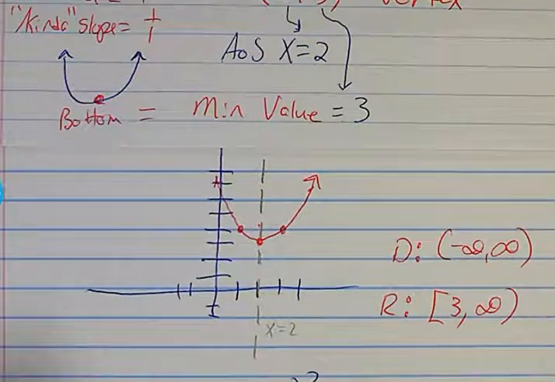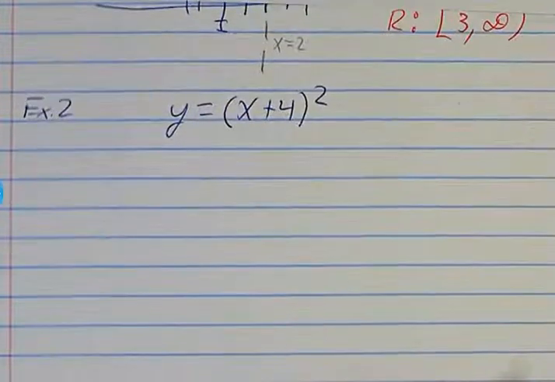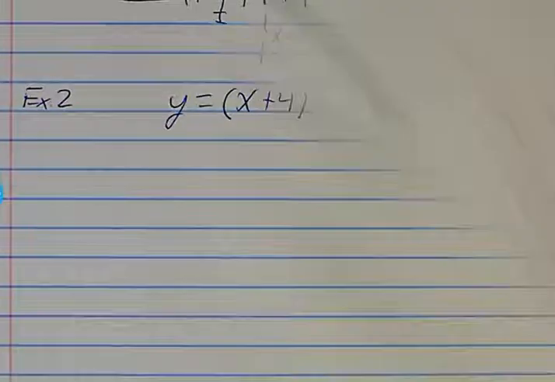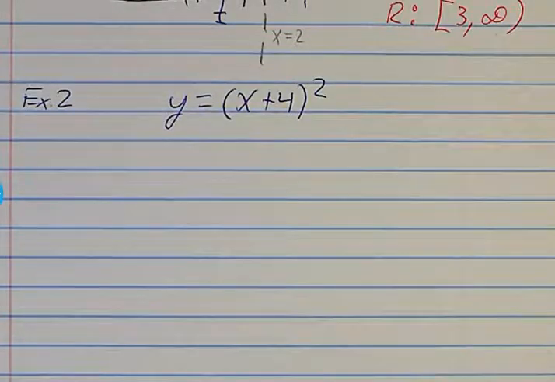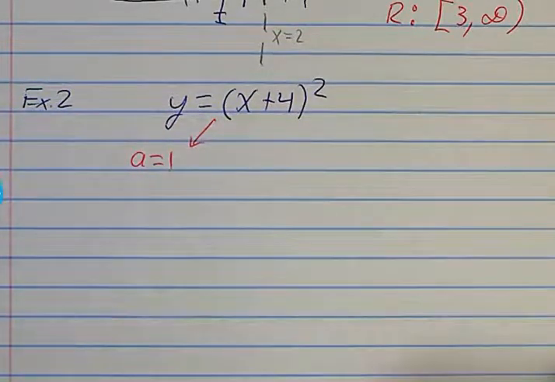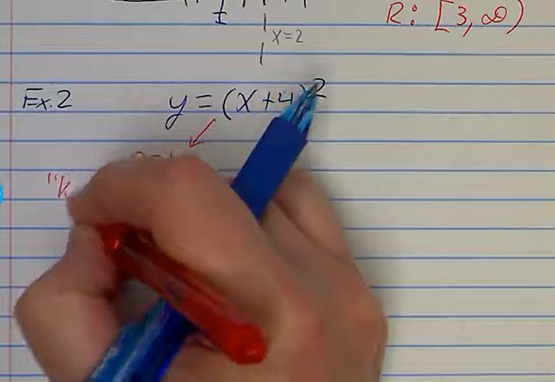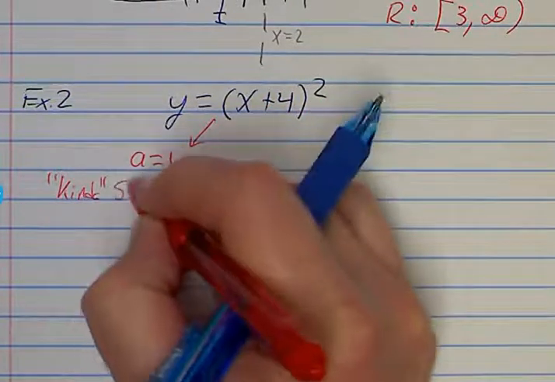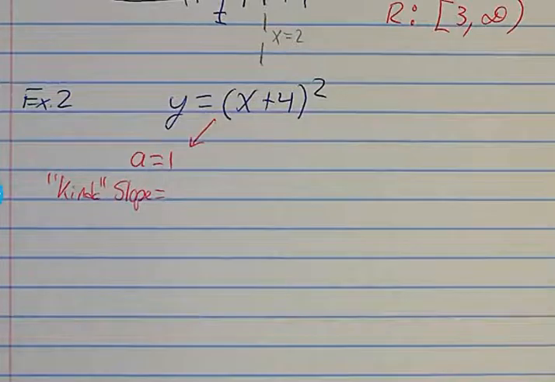Alright, so this one. New equation here. Let's go with (x + 4) squared. Okay, again, get the little things out of the way.